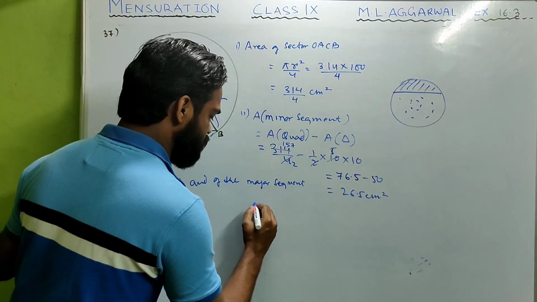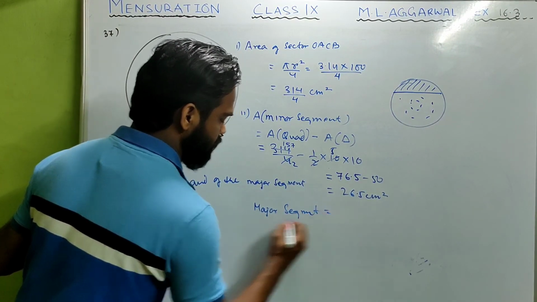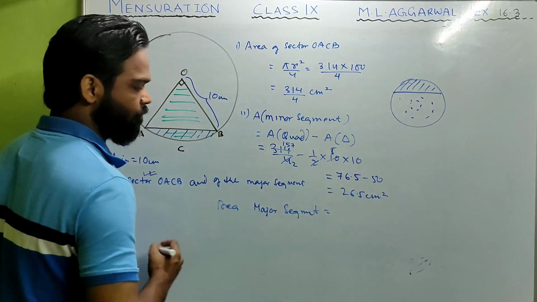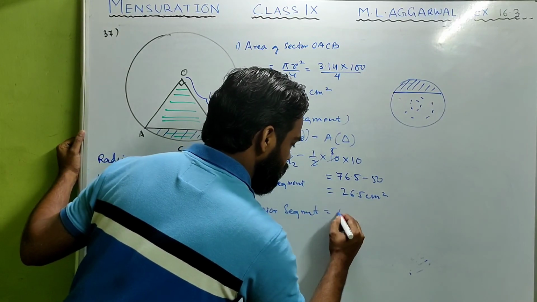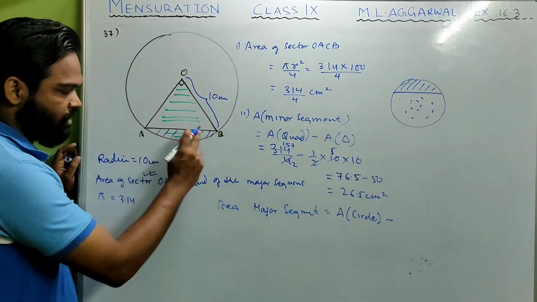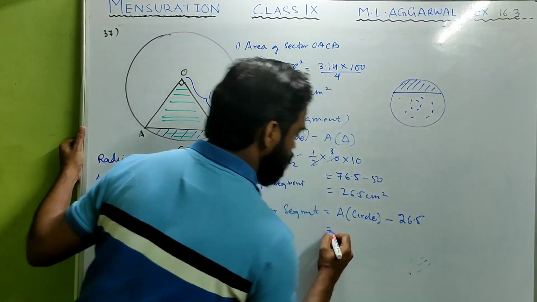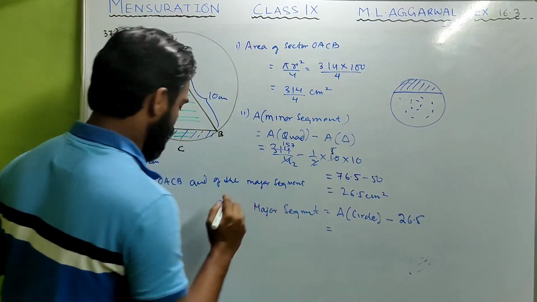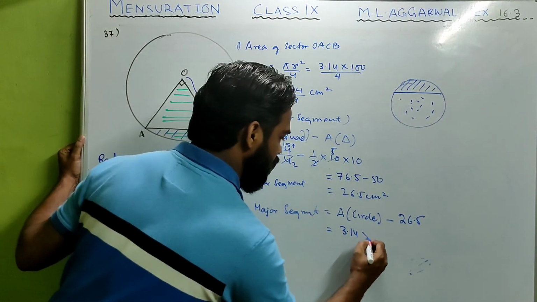So what will be the major segment? The area of the major segment will be the area of the circle minus the area of the minor segment, which is 26.5, and the area of a circle is pi r square, that's 3.14 multiplied by r square.